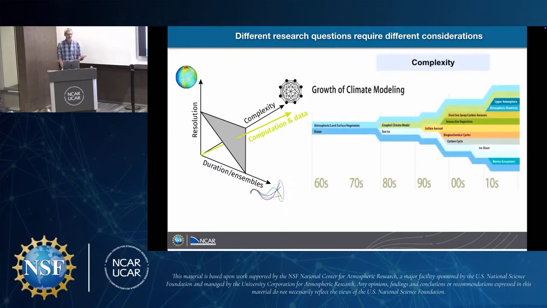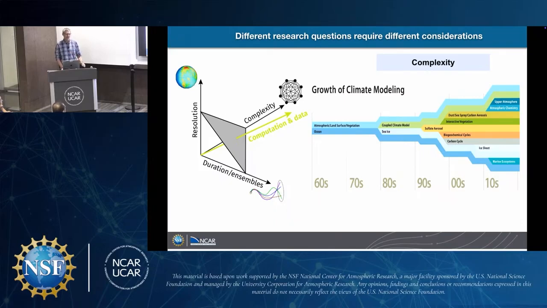In the complexity realm, I've already indicated we have all these component models that are coupled together, but it hasn't always been like that. We started off in the 60s and the 70s with just a very simple atmosphere, very, very simple land, and ocean models were coupled together in the late 70s, early 80s for the first time, first couple of climate models in the 80s, and then really coupled climate modeling didn't begin until the 90s or so.